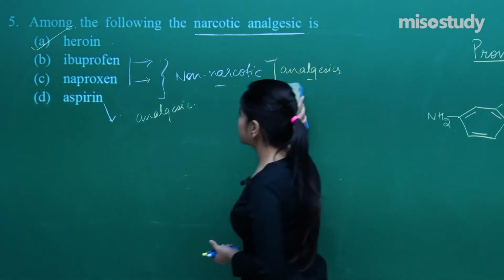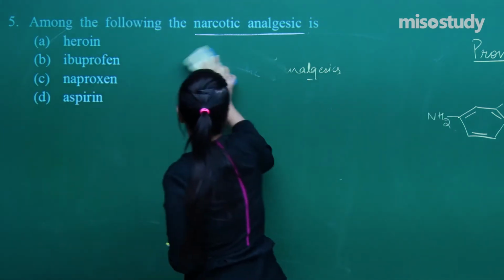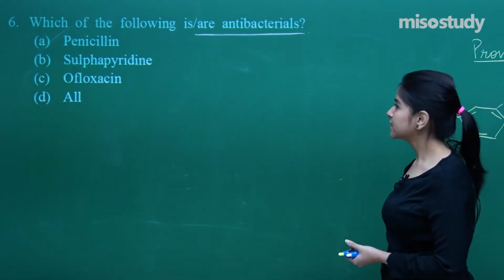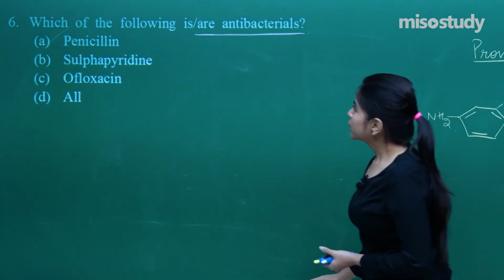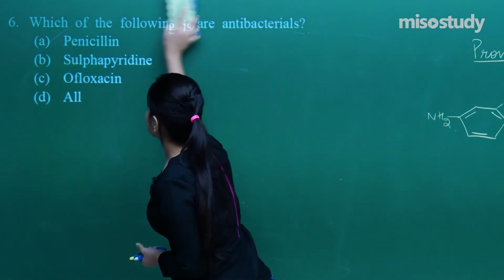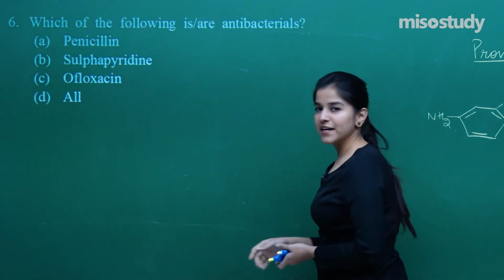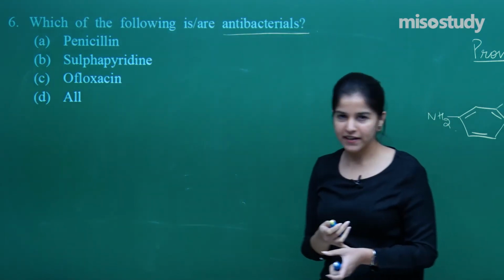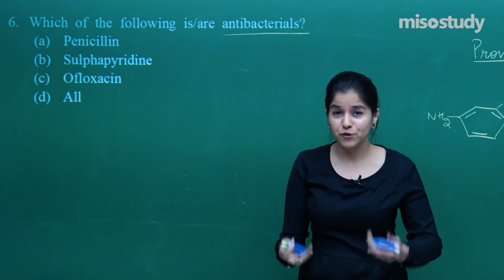Let's just now take up the next question. So what do I have next? Now, which of the following is an antibacterial? So I need to find out antibacterials, or I can say antibiotics, or I can say antimicrobial.